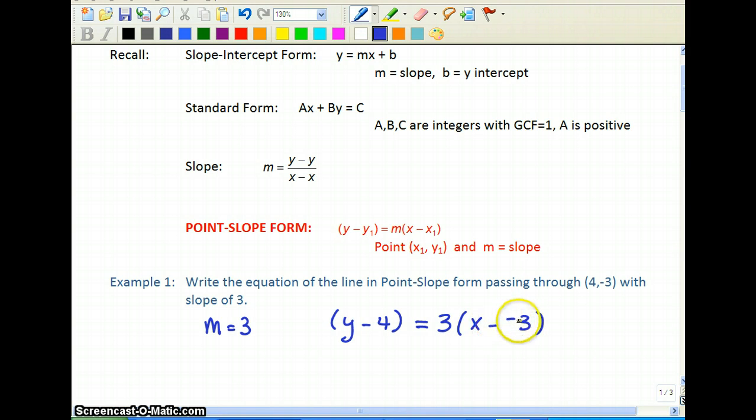Now minus negative 3 is really plus 3. So most people change that right when they're writing the equation. This is all you would do to this problem because it wants the answer in point slope form, and that is the form it is currently in. So you don't have to do anything else to the problem.